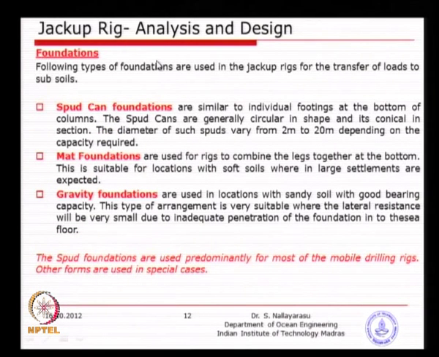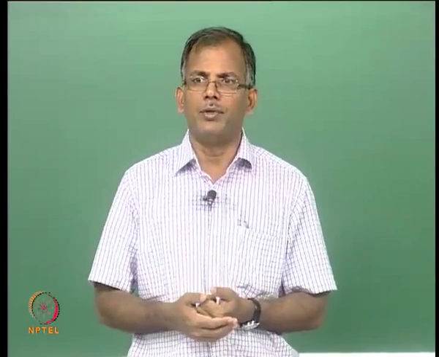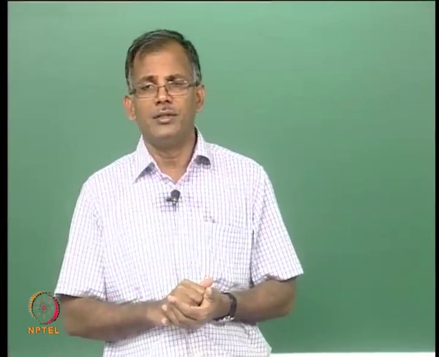We will just look at the types of foundations normally used for stabilizing the jackup at a particular location. Spud can is definitely the predominant choice. Almost 99% of jackups have the spud can type of foundation, which is nothing but a circular shape, sometimes rectangular I have seen, and basically like a spread footing.